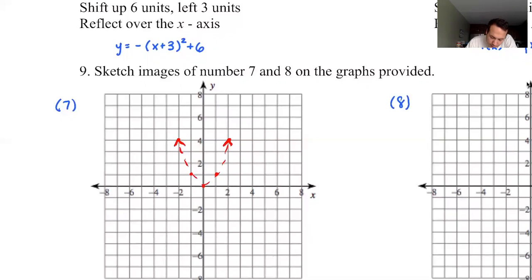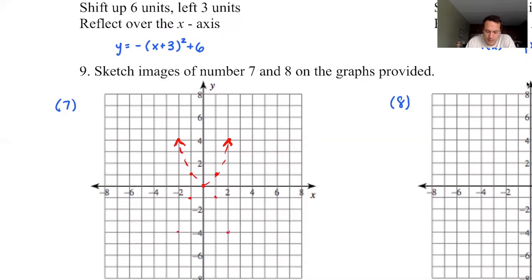Let's see here. Let's reflect first. If I reflect, I'm going to look like this. We always take care of reflections first in terms of graphing it, by the way, everyone. You're going to see in the next lesson what that means, the reflection itself, but we want to make sure we take care of that one first.